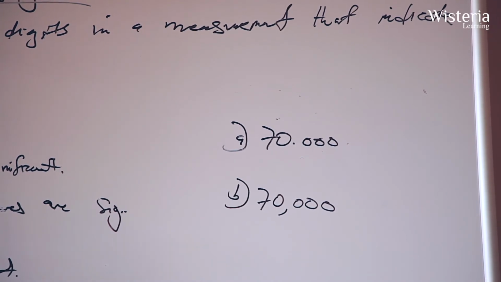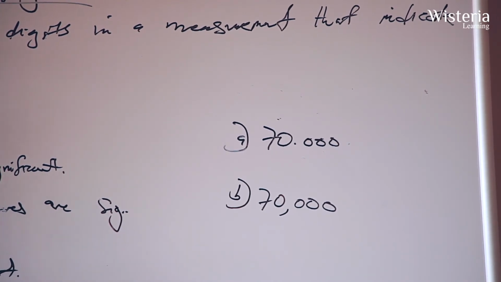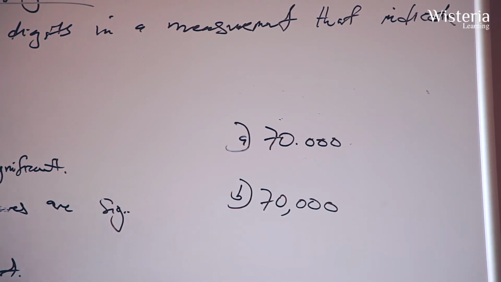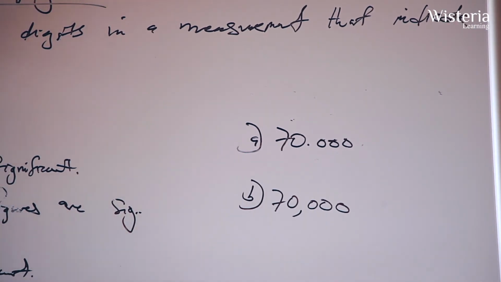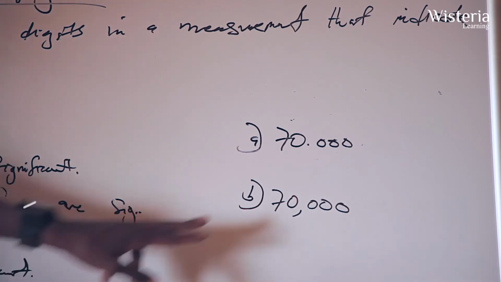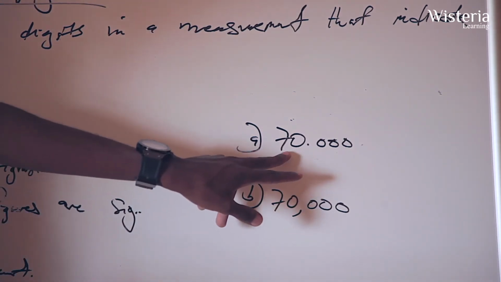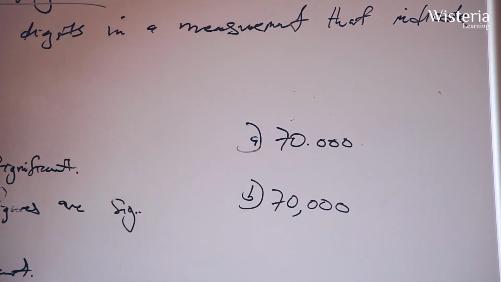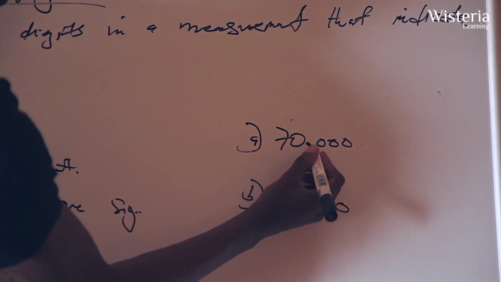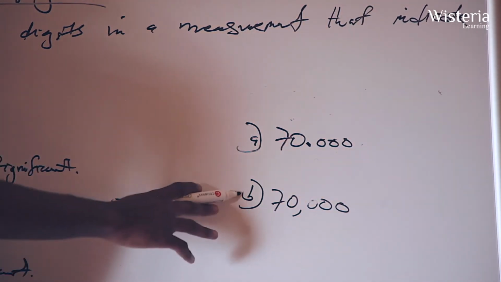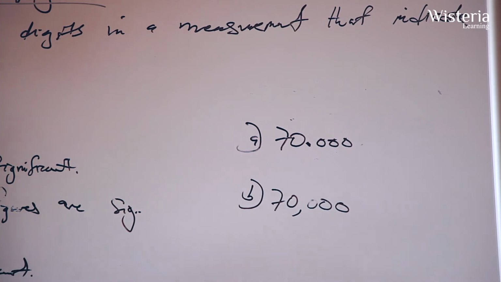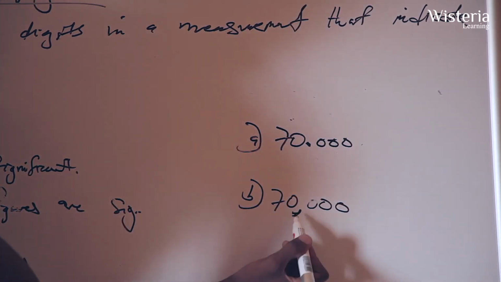So what do we mean when we say trailing zeros are sometimes important and sometimes not important? Well, in the first number here, we have a decimal point. But in this value here, there is no decimal point. So we have a comma instead.